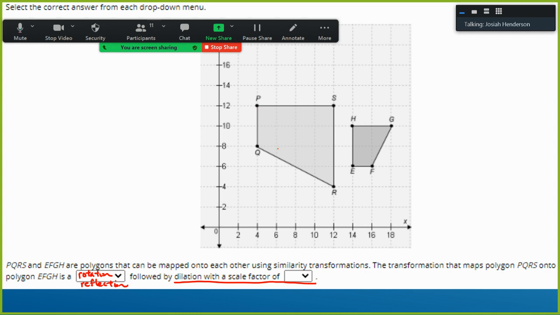So to get the larger figure to map onto the smaller figure, it doesn't look like a reflection would work. If I reflected it along a line in the middle of them, then the resulting larger figure would look like this.